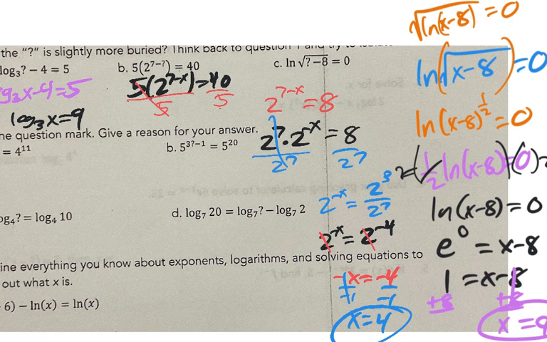What would happen if I rewrote it right now into exponential form? This would be e to the, what's e to the 0? What's next? What's 1 squared? Oh my gosh, it worked.